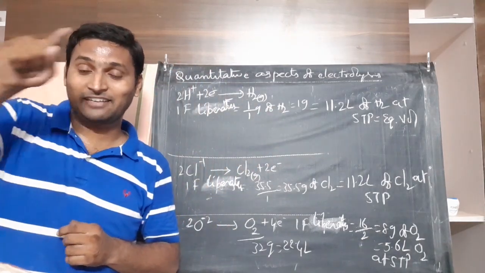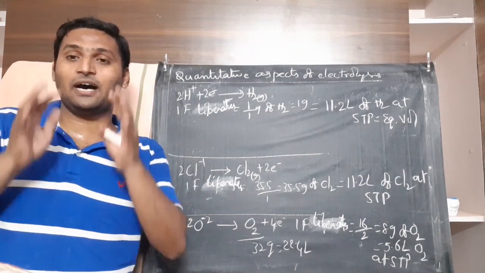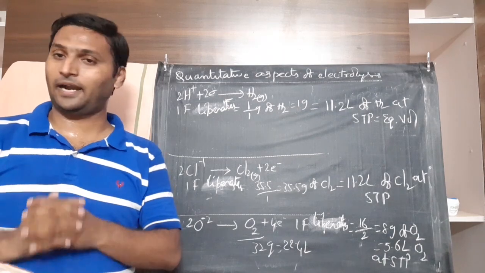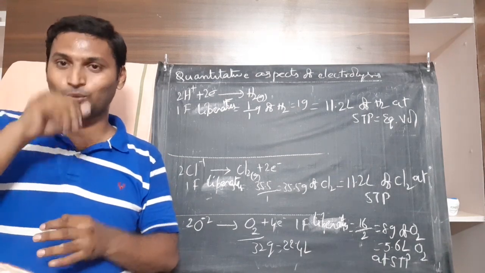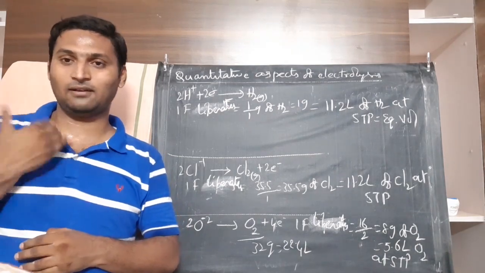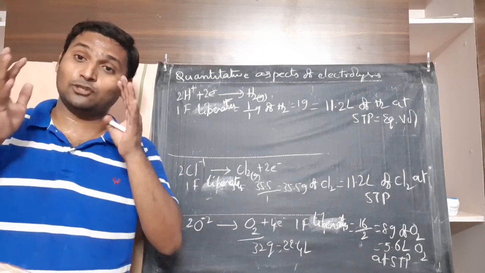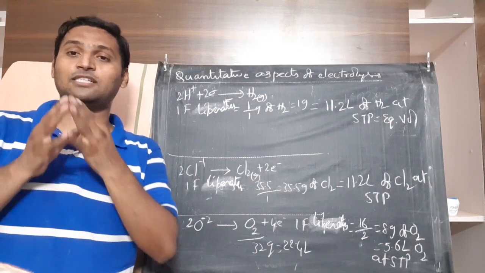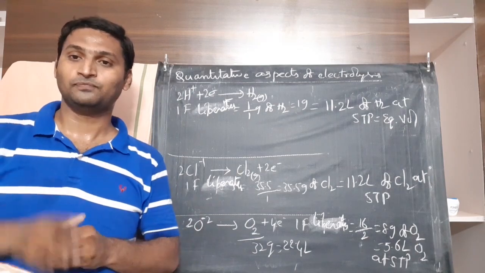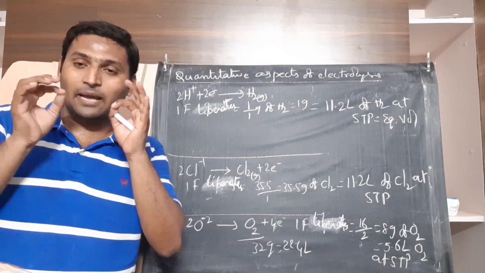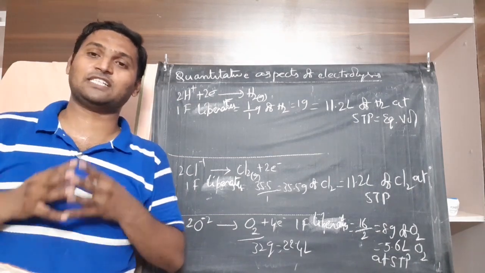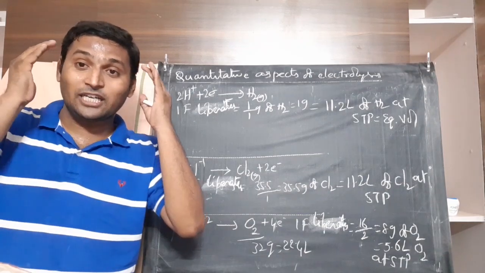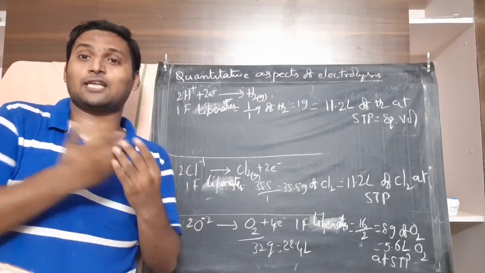This quantitative relation was studied for the first time by a scientist, Michael Faraday. He is popular to you for his electromagnetic induction learnt in your school, but he is also very popular in chemistry for demonstrating electrolysis for the first time to this world. You don't believe me? By demonstrating electrolysis for the first time, Michael Faraday gave rise to the doubt in the minds of people that there are electrons.